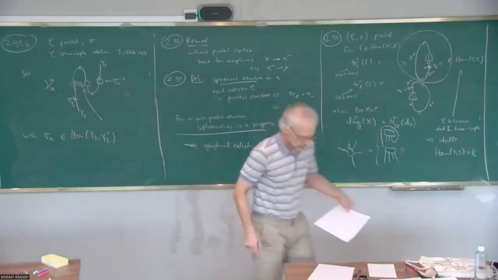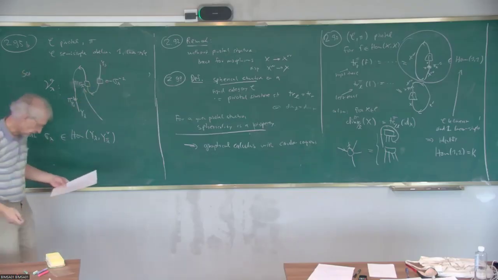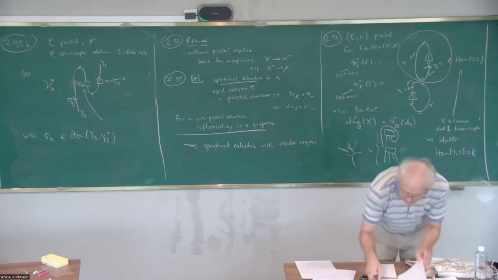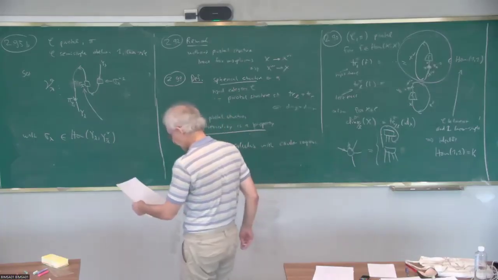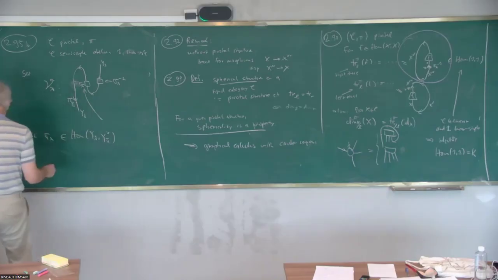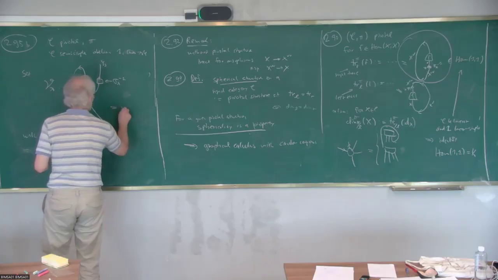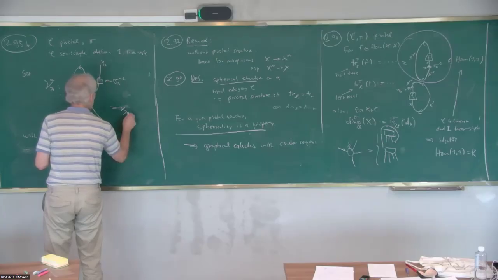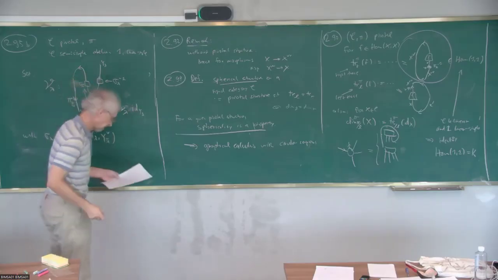And then you see by construction that this is in fact some non-zero number, nu lambda, times the identity on y lambda.